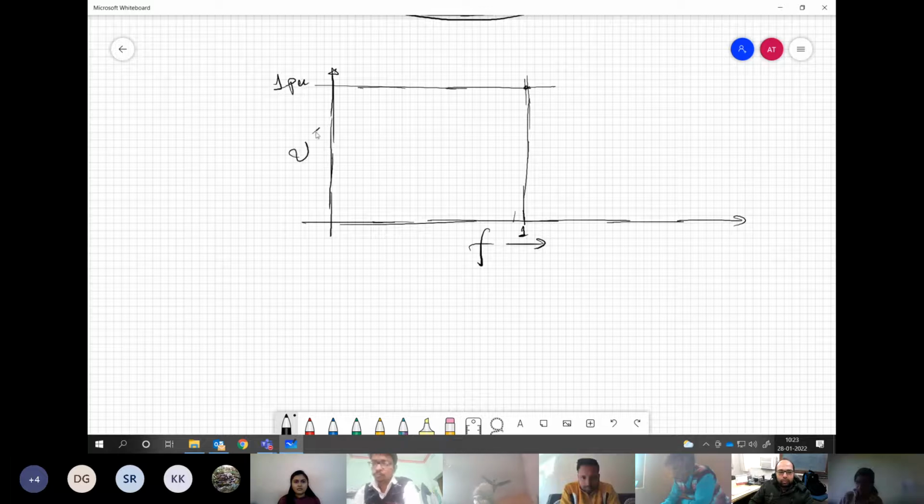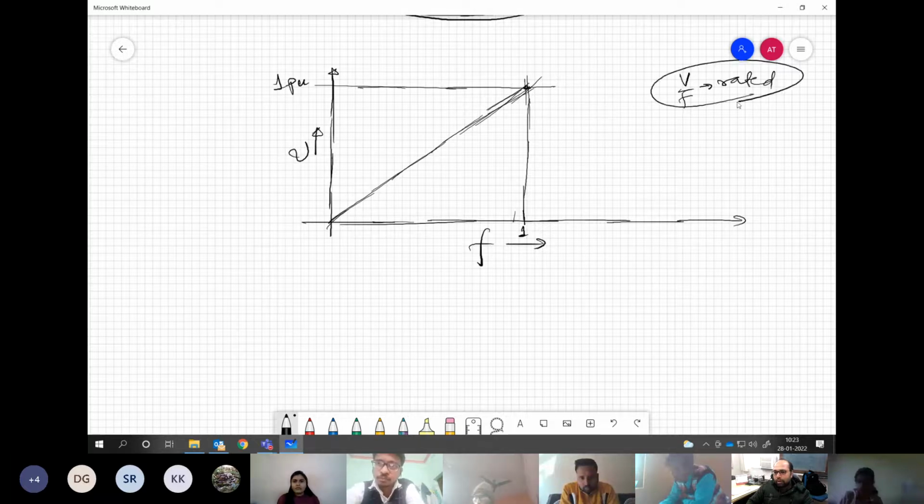So what I'm trying to do is move somewhere on this line where the V by F ratio is maintained constant. At the rated value, V by F constant is one thing, but if V by F is maintained at the rated value, then that will ensure rated flux. If you keep V by F some value constant, but it is not at rated, it is lower than this, then it is not rated flux.